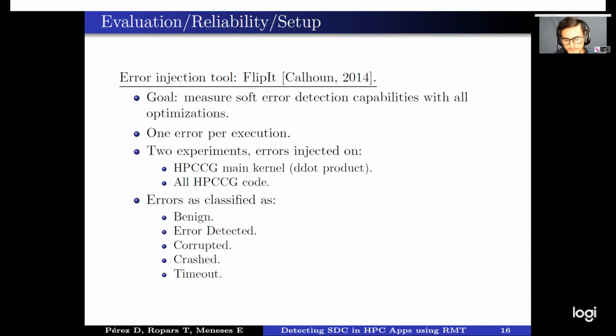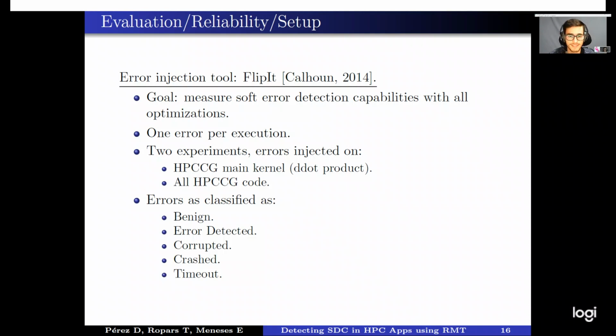An error can be classified into one out of five states. If the application finishes with the expected result, we classify that error as benign. We know that it's injected, but if we take a look at the final result and it's the same as the expected one, we will consider that error to be benign.